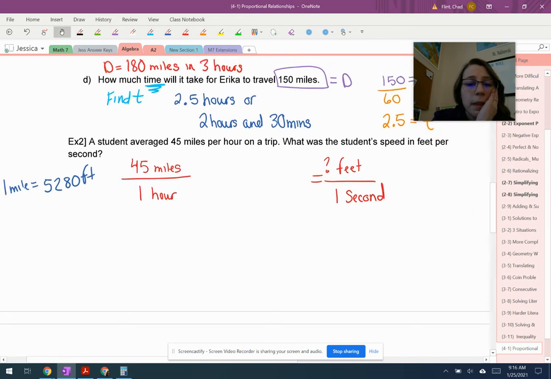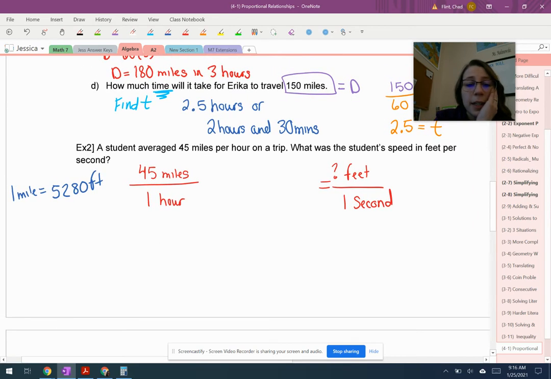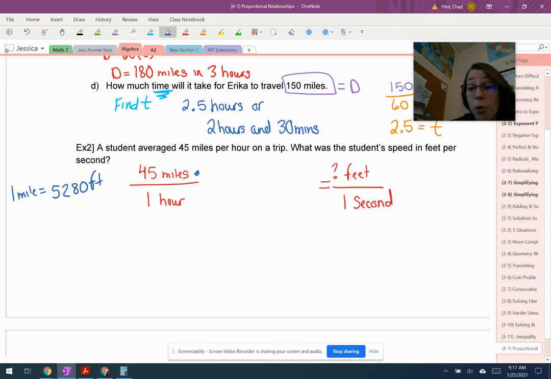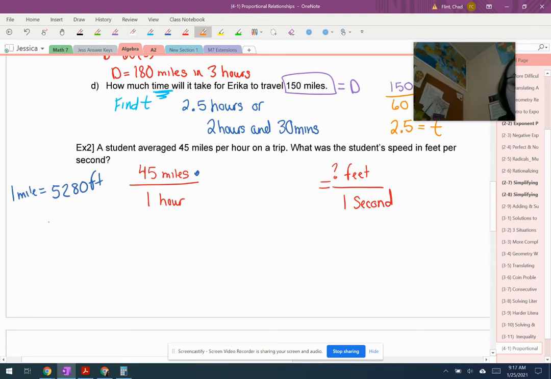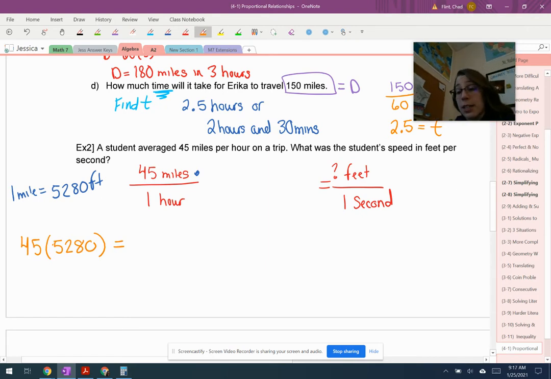Okay, so I want to start off, I need to take what I have in miles, and I need to change miles to be feet. So if 1 mile has 5,280 feet, that means 45 miles is going to have a lot more feet than that 5,280. I'm going to use multiplication to figure that out. 1 mile equals 5,280, so 45 miles is going to be whatever 45 times that 5,280 is.